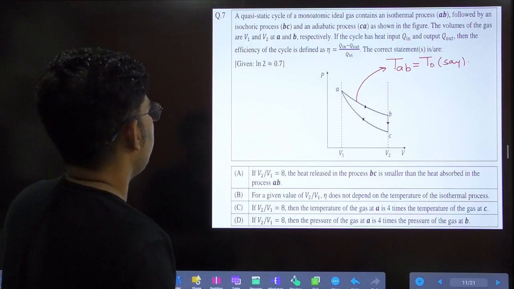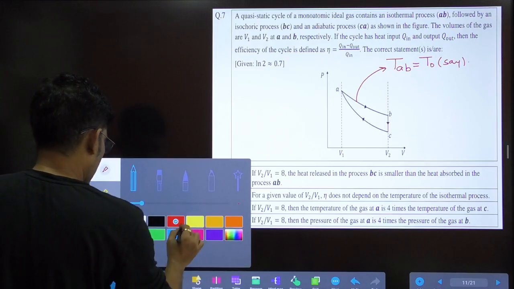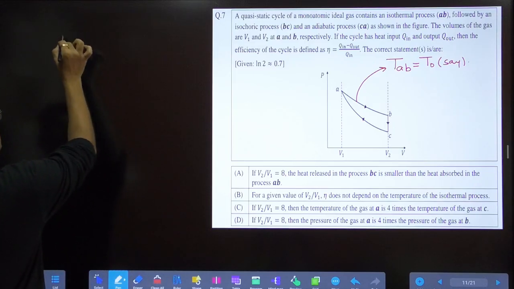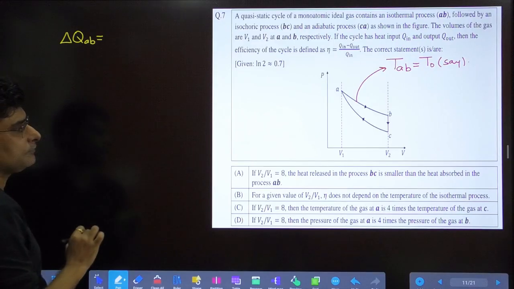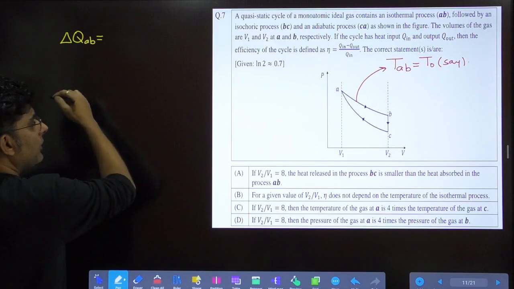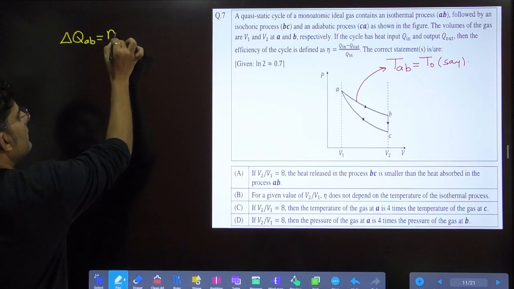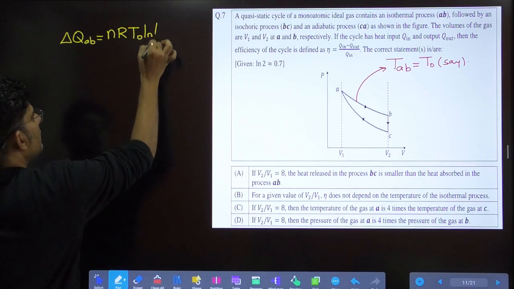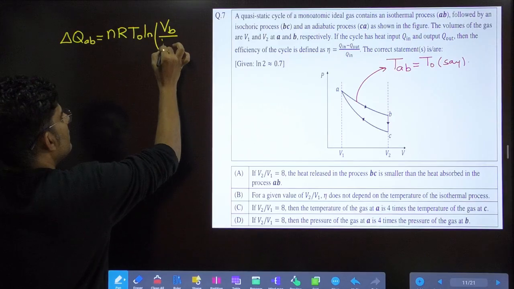So first of all, if we write delta QAB. So it is isothermal expansion, so obviously heat will be positive. So delta QAB will become nRT0 log final volume by initial volume, which is Vb by Va.